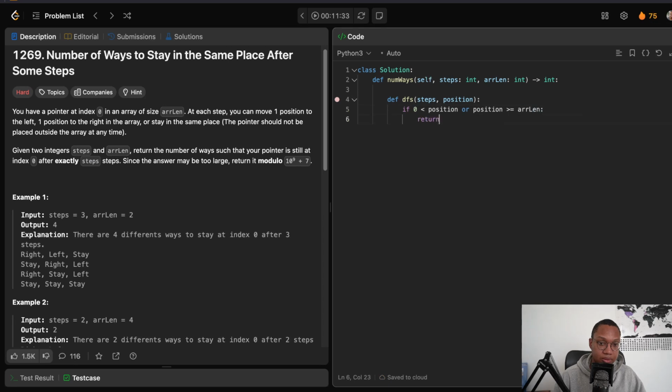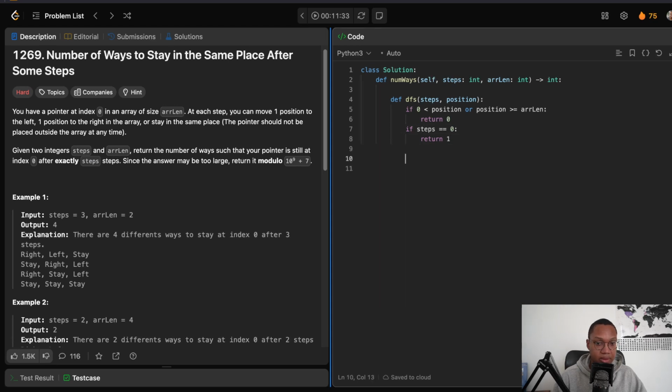Then we just return 0. And if it isn't, then I think we're good. And if steps is 0, return 1, then we just DFS.